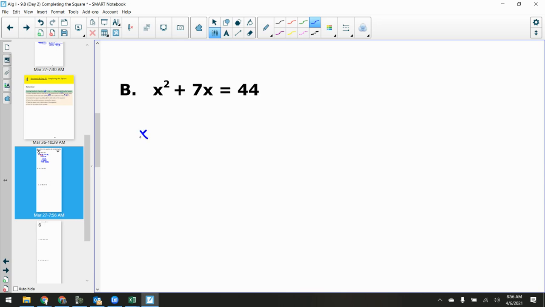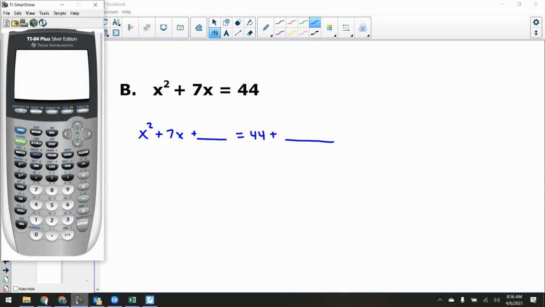So here's what we're going to do. x squared plus 7x plus something. What we're going to look at today is what's going to make it messy? What's going to make it weird? Because all the other problems that we did yesterday were nice. So what's going to make it weird?